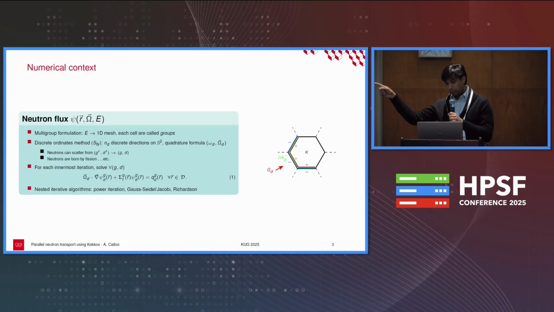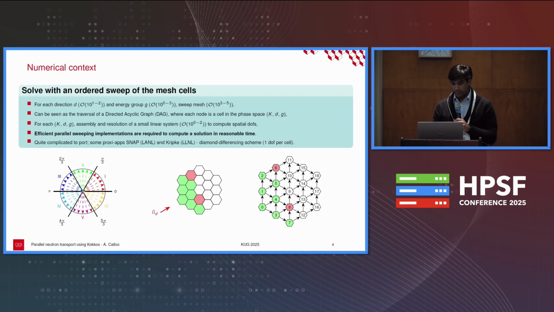Then the source term on the right-hand side is where we have neutrons scattering from one energy, position or direction to another, and this is the coupling. We solve this problem through nested iterative algorithms, be it power iteration, Gauss-Seidel, Jacobi, Richardson, etc.